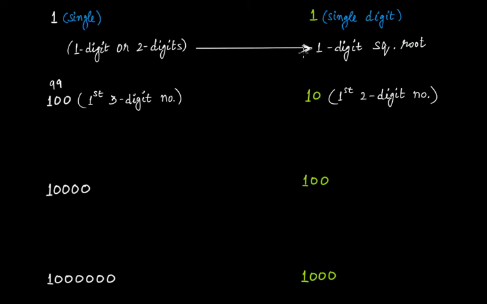Okay. Now, what comes before 10,000? 9,999. Okay, this is a number. Now, this 10,000 is the first five-digit number. Now, 100 is a three-digit number and 9,999 is a four-digit number.